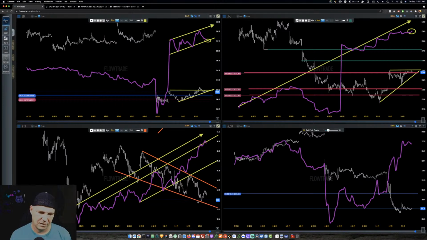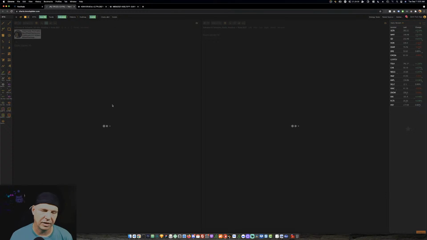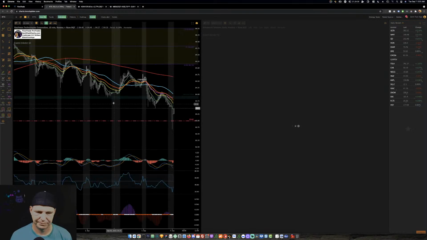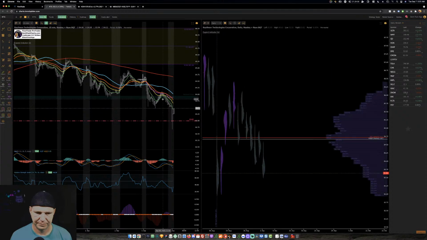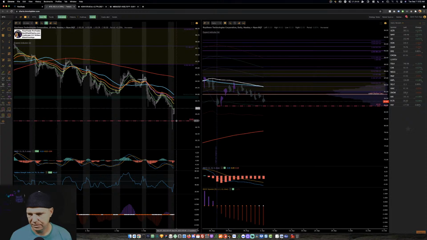All right, bounced off of support, filled the gap. Yeah, we would need to break out of some of these levels here. Maybe a little early on RTX. This may be a play for later in the, whoa. I'm going to have to keep an eye on this one.